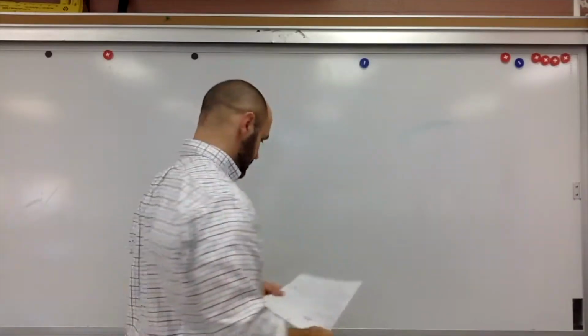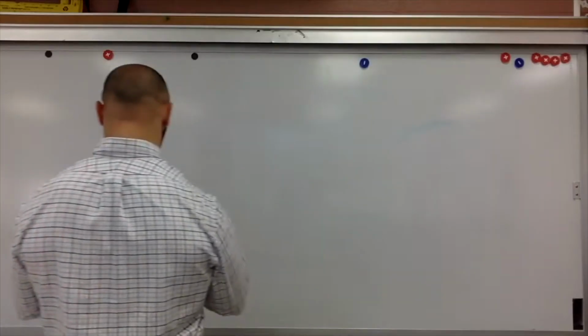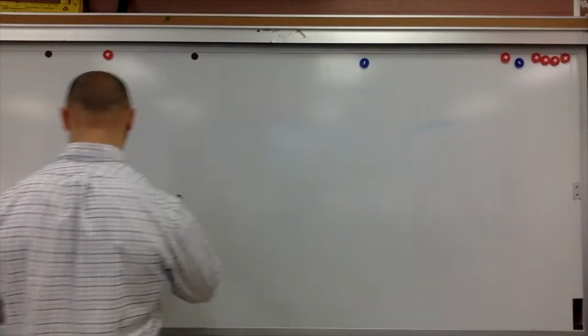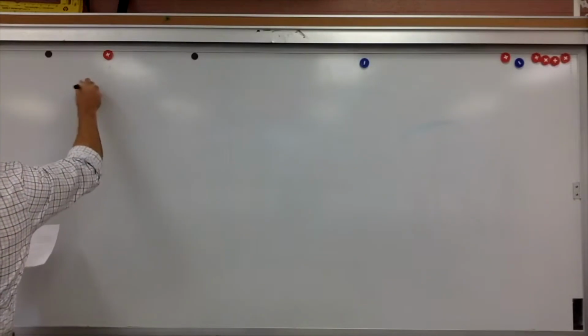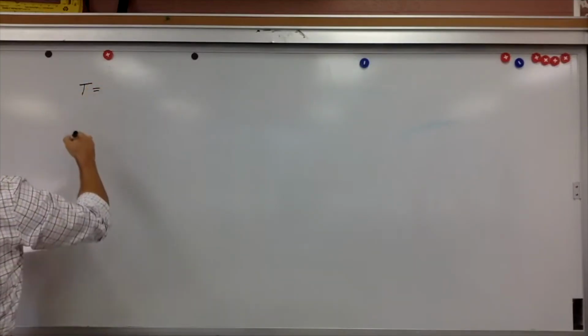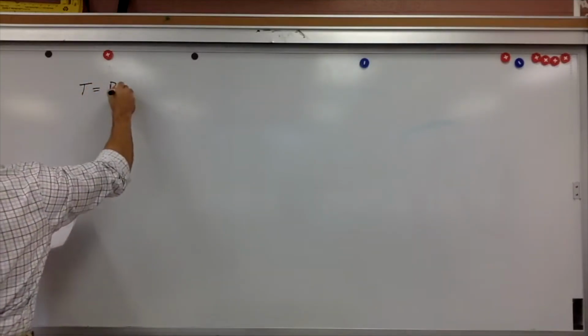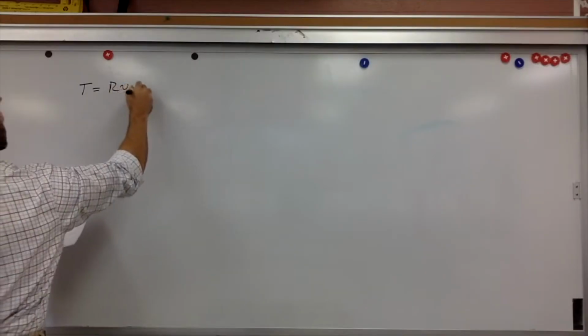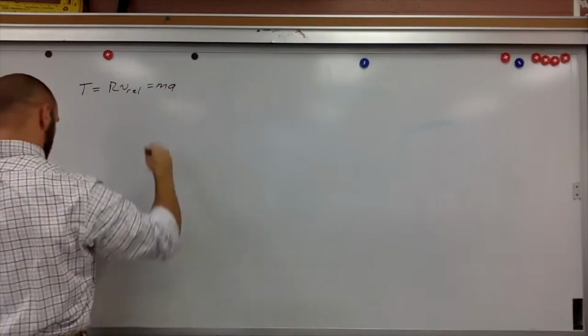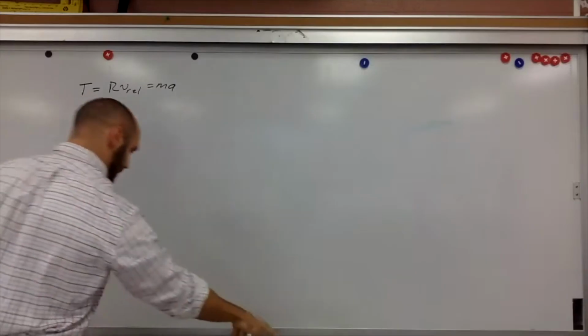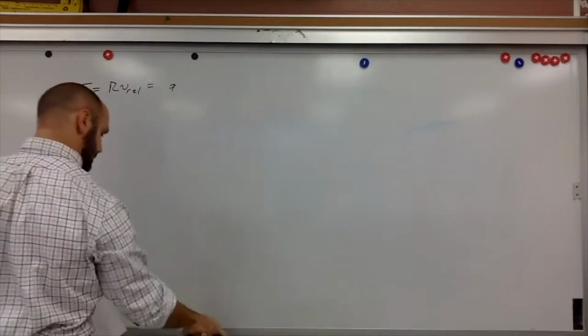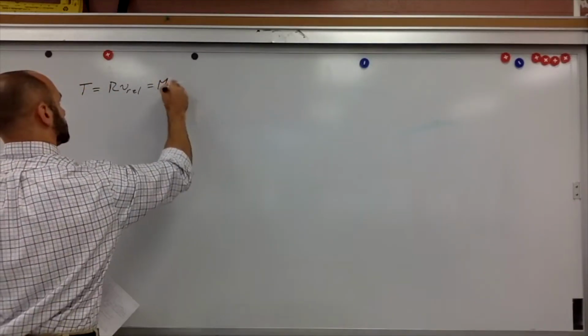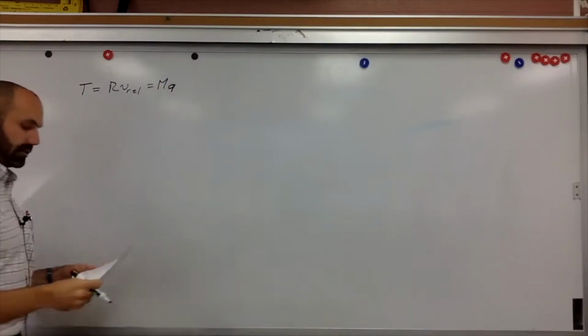And what we end up with at the bottom is this equation: T, and T is the thrust, by the way, equals R v rel equals M A, actually capital M A. All right, that is our first rocket equation.